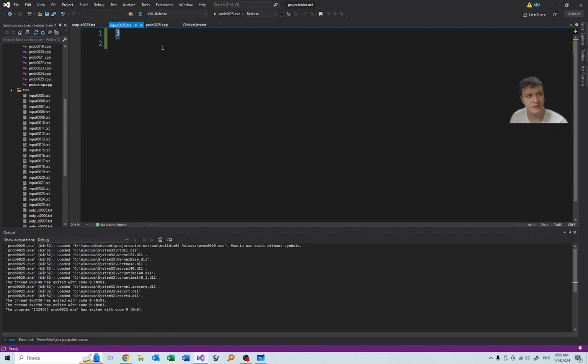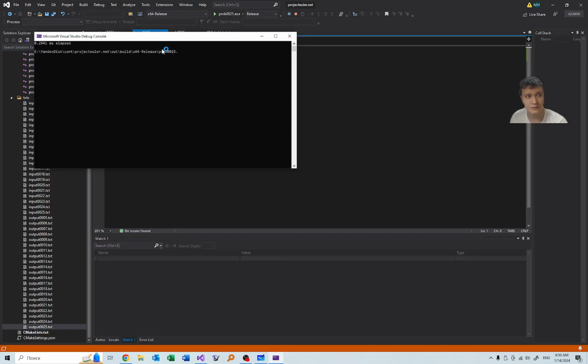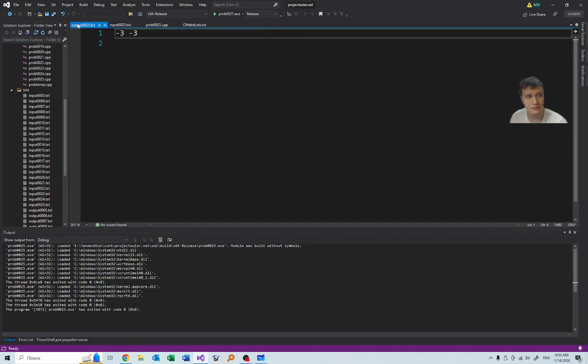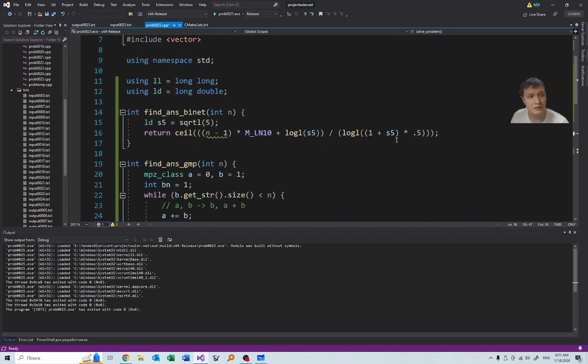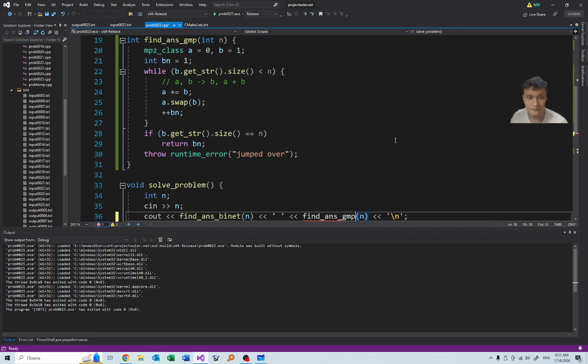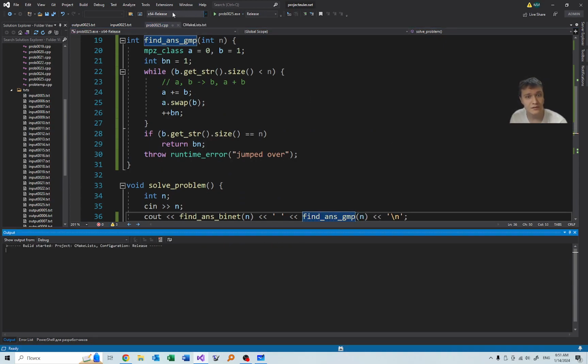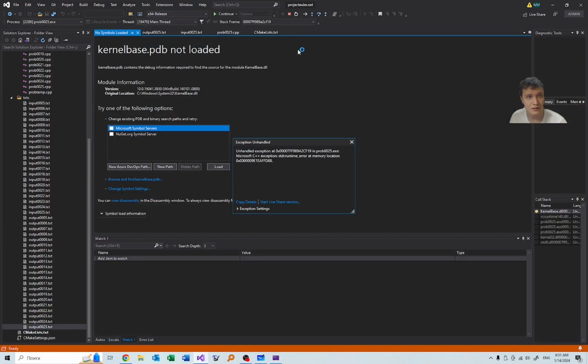For 0, I believe it will throw the exception. Because I used the same function for some reason. I should have used GMP here. Now it will throw an exception, definitely. Yes, it threw.